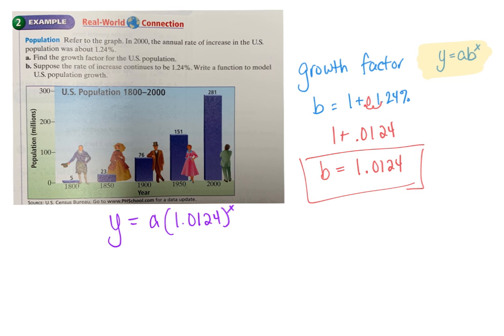Now, I need to figure out then what my initial condition is, all right? And so they have picked a y value and an x value here. So if I look at my y and x value, 2000, we're talking about from 2000, we're going to use that as our initial, 0.